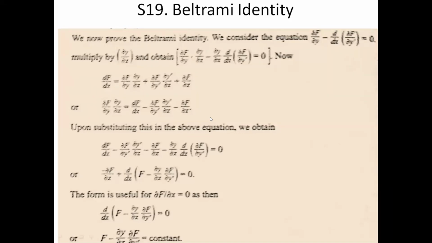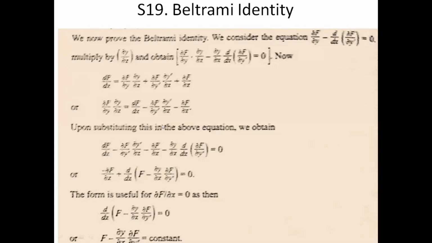However, please don't ignore the Beltrami identity. For all problems based on Hamilton's principle, the Beltrami identity comes very handy. You will definitely get problems from Hamilton's principle, and at least once you need to know how to get it.